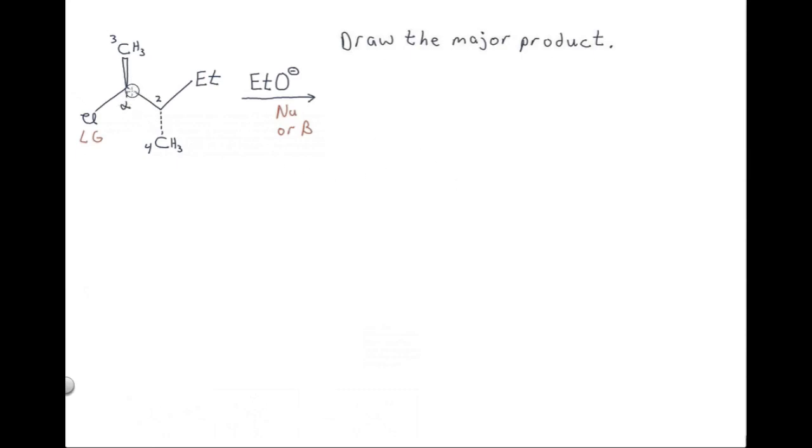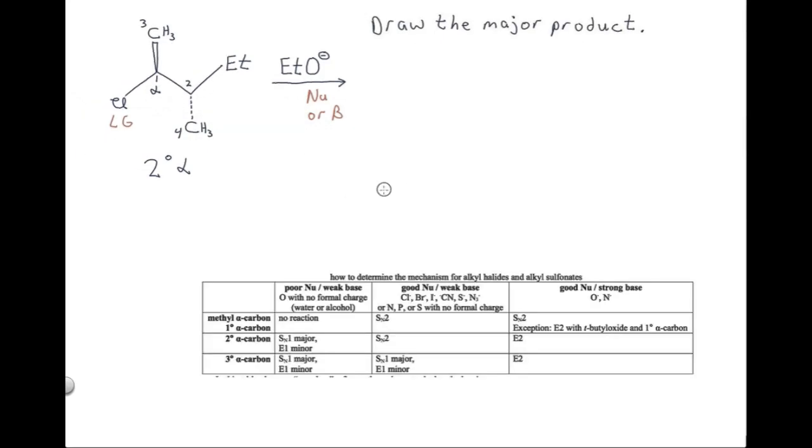We identify carbon 1 as a secondary alpha carbon because carbon 1 is attached to two carbon chains, carbon 3 and carbon 2. Secondary alpha carbon puts us in the middle row of our table. O- puts us in the right-hand column of the table. So the table predicts an E2 mechanism.